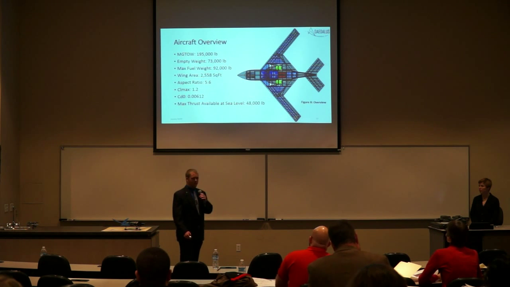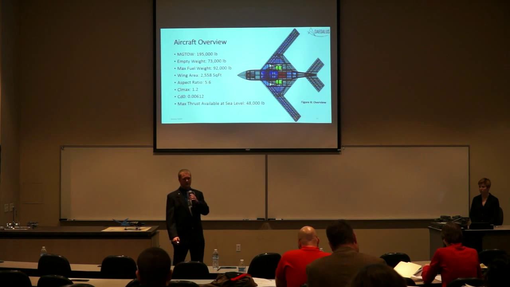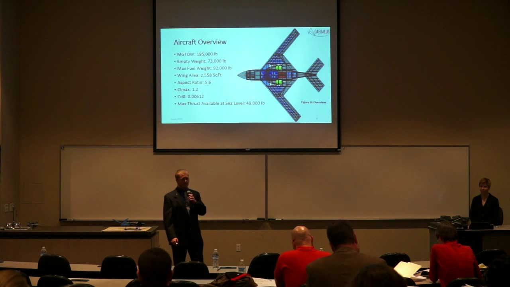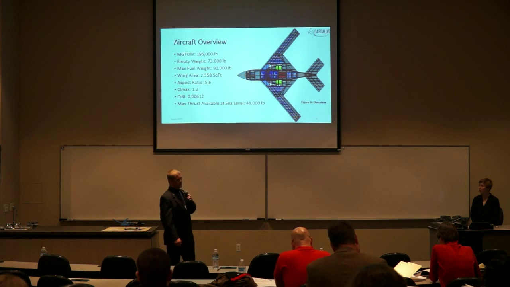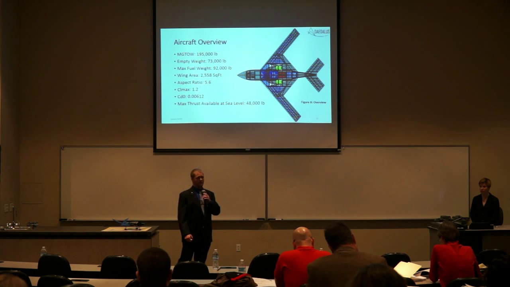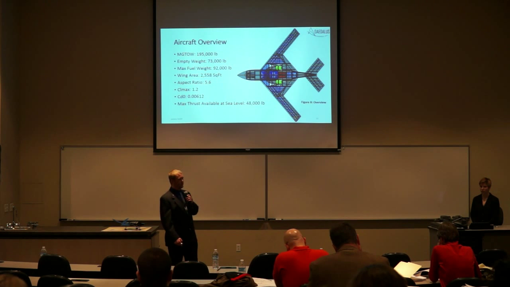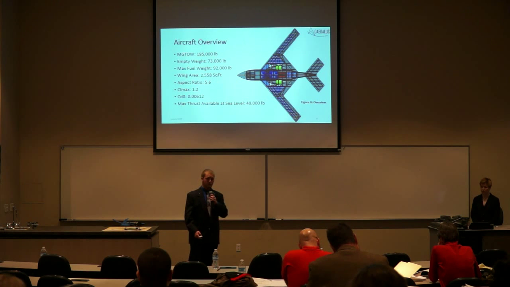Shown behind me now are some of the key parameters for the aircraft, including the max gross takeoff weight of 195,000 pounds, a maximum fuel capacity of 92,000 pounds, as well as some of the aerodynamic and geometric parameters. The original parameters were estimated using Roskam's aircraft design book, and then refined using the CATIA model, as well as known weights and sizes of things such as avionics and ordnance that we could put in the aircraft.